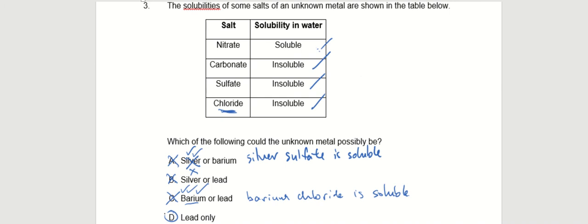Okay, so the answer for number 3 is D, lead only. Once again, we recap that lead nitrate is soluble, lead carbonate is insoluble, lead sulphate is insoluble, and lead chloride is insoluble.